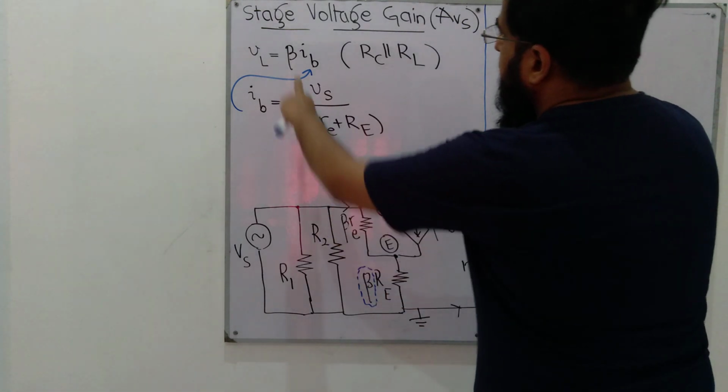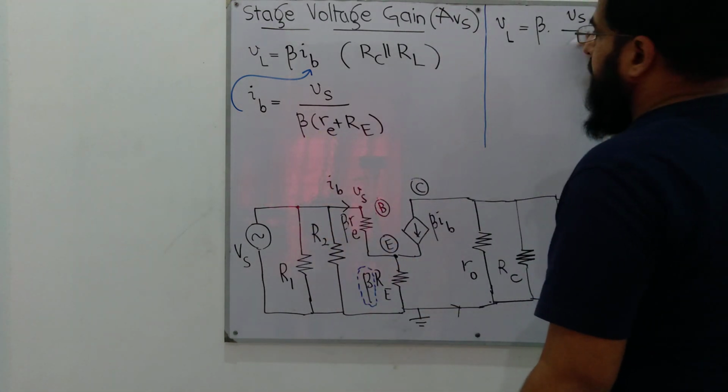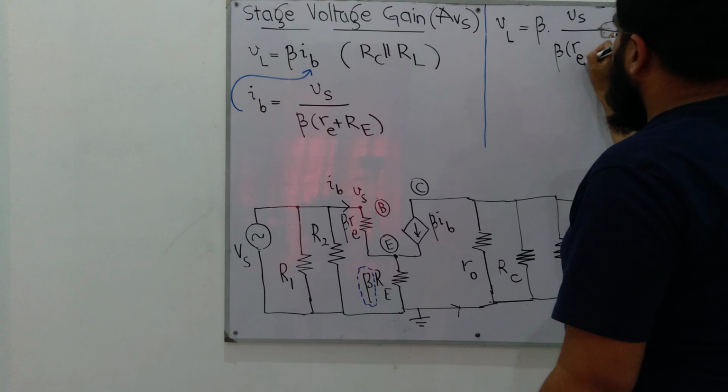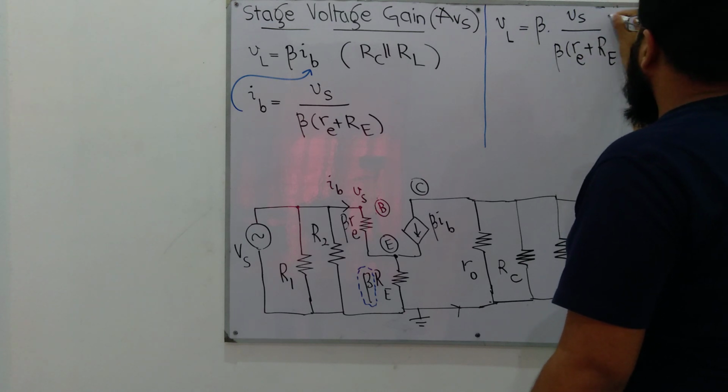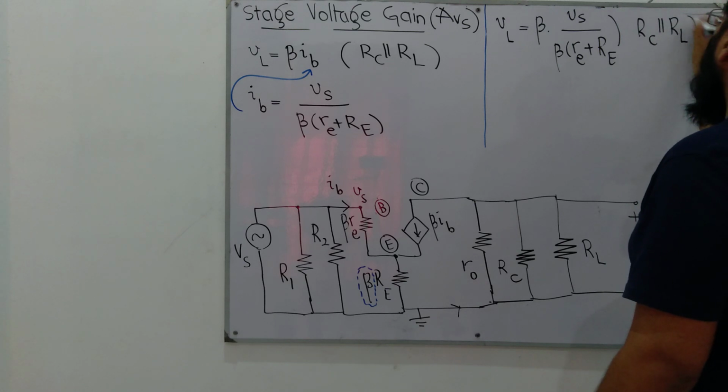VL becomes beta times Ip, which is Vs over beta times Re plus Re times Rc in parallel with Rl.